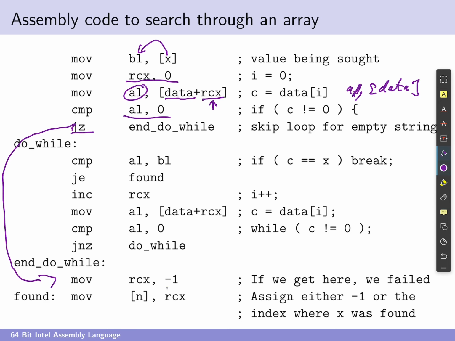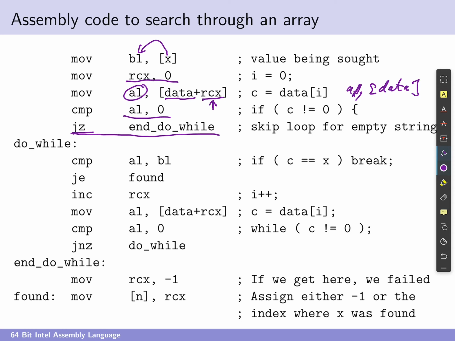In which case I will actually just load -1 into RCX, and then I'm going to load from RCX into N. Now remember, N is where I wanted to store the location of what I was looking for. In this case, the way I've run through this example so far, this would be a situation where I failed to find the element because it was just an empty string to start. Okay, but let's say that we didn't actually fail to find, in a situation where we didn't start with a null terminated character.